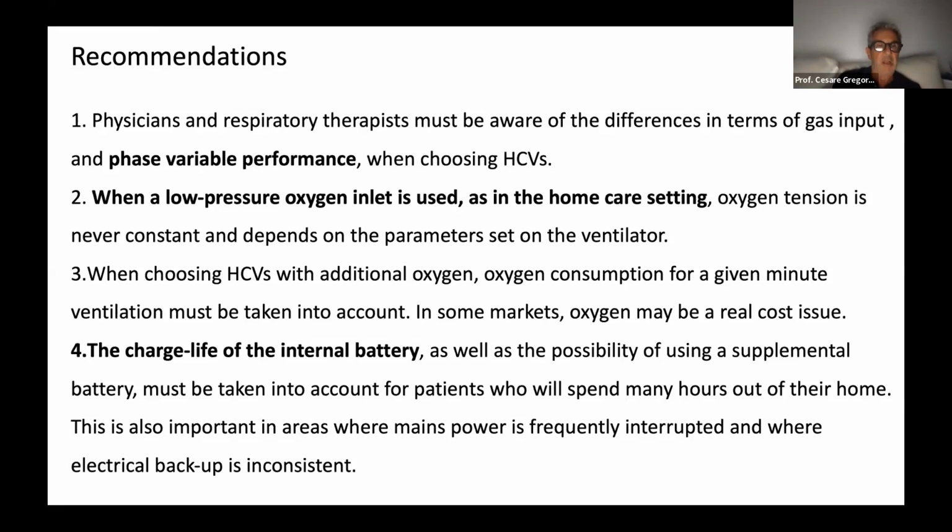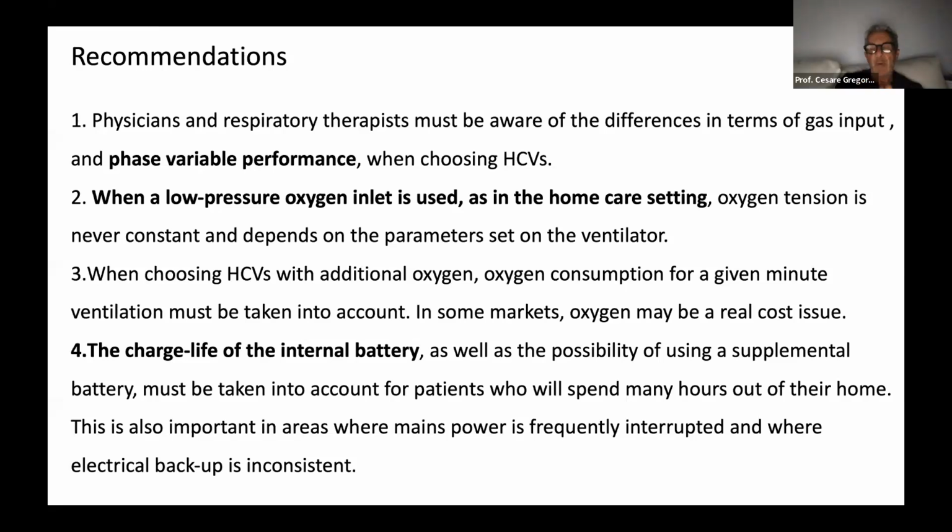So when choosing a home care ventilator, the additional oxygen consumption for a given minute ventilation must also be taken into account. And in some markets, oxygen may be a real cost issue. The charge life of the internal battery, as well as the possibility of using a supplemental battery, must be taken into account for patients who spend many hours at home.